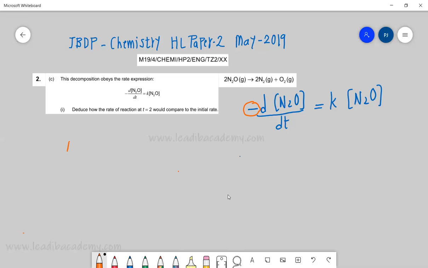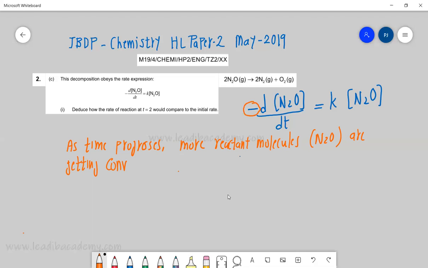So I'll say as time progresses, more reactant molecules, to be very precise N2O, are getting converted into the products.